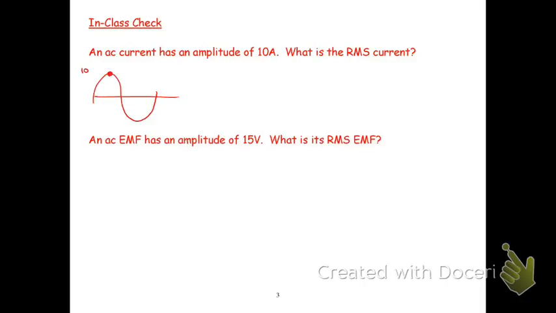And so what's the RMS? I_RMS equals I max over square root of 2, which equals 0.71 times I max, which equals 7.1 amps. Simple as that, really. It's no big deal.